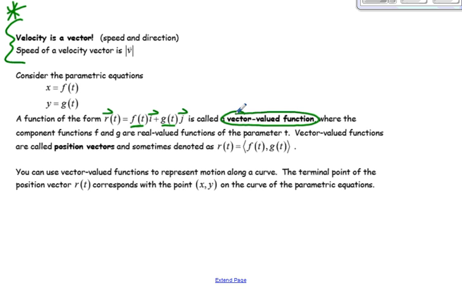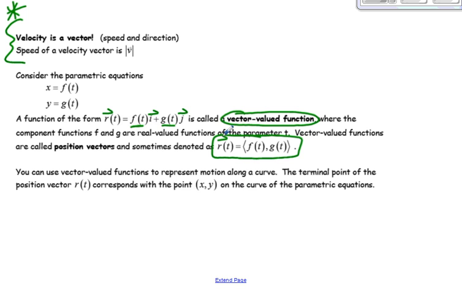Now the ij format might be confusing for some of you, so I just use this format. When you write something as a vector, you either use the ij's or you use the chevrons. So the vector r is equal to, in chevrons, our x component function, comma, our y component function. That's a vector valued function.